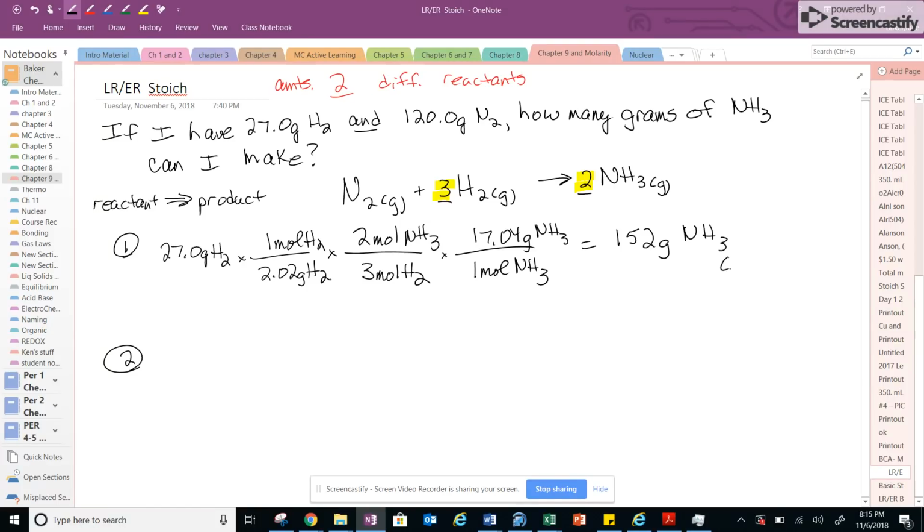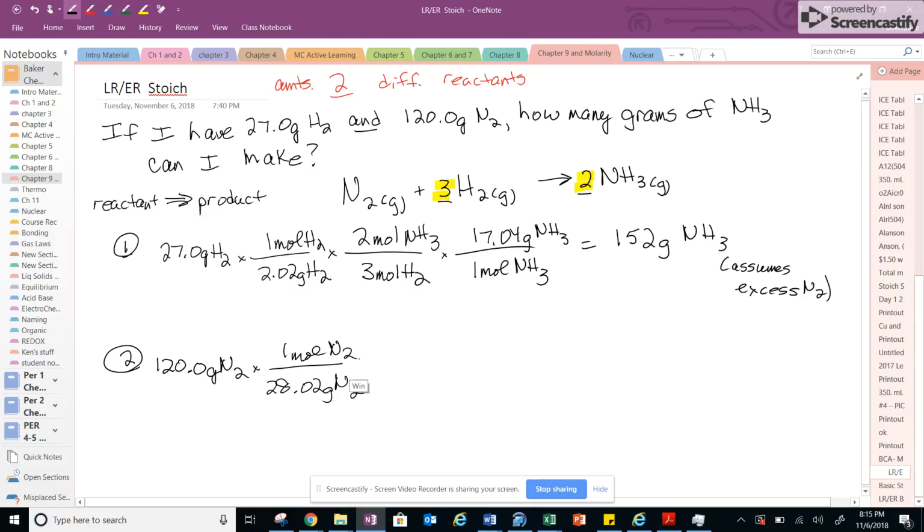Now again, this assumes I have excess nitrogen, but I don't necessarily have excess nitrogen. So let's do a second stoichiometry problem where we have 120.0 grams of nitrogen. That's our second reactant. We're going to do the same kind of process, but this time I need to convert my mass of nitrogen into moles of nitrogen.